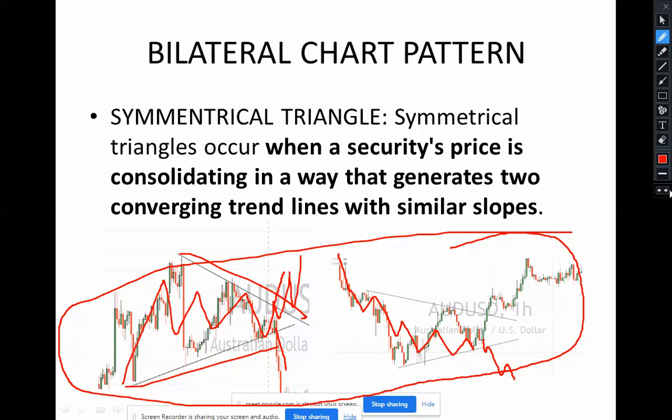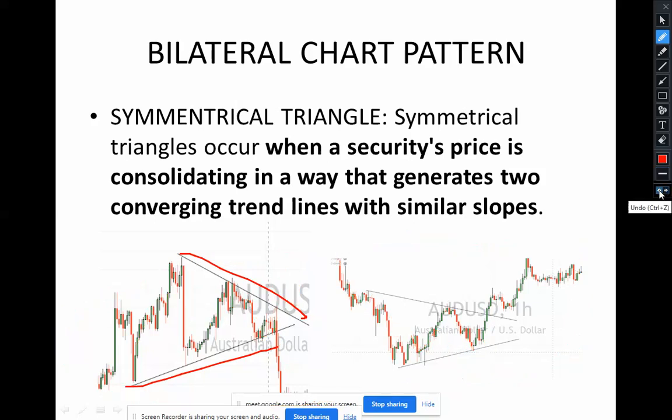So these are the chart patterns that we have. These are the common chart patterns that we have in the forex market. The common ones, the simplest ones.